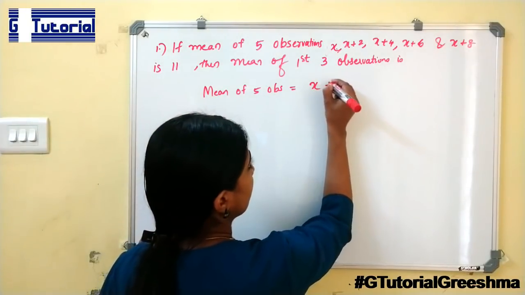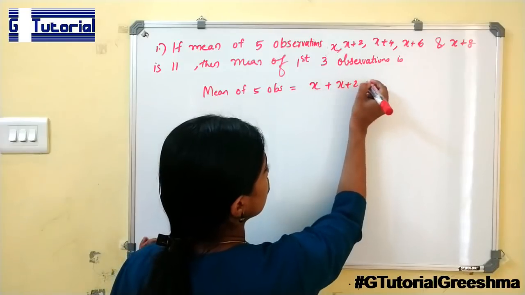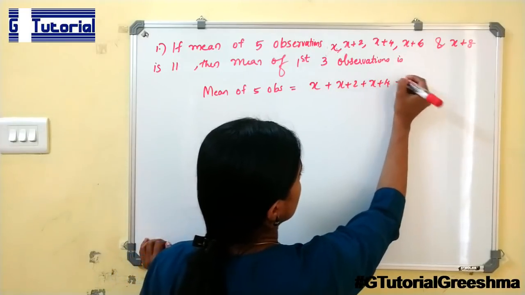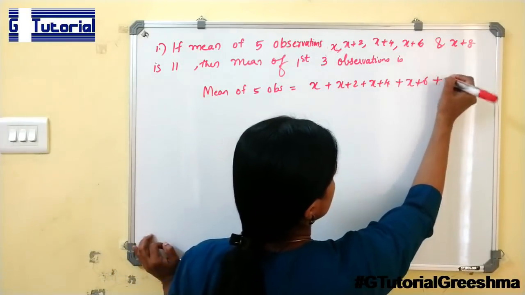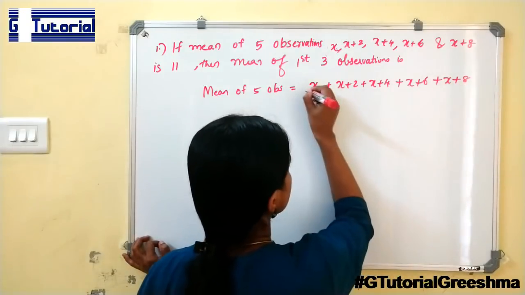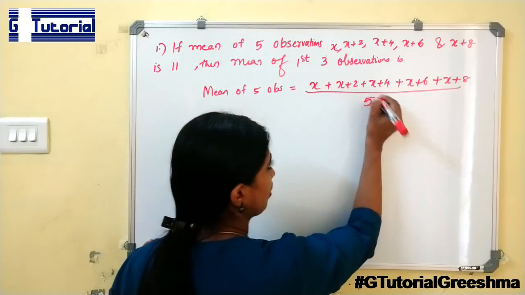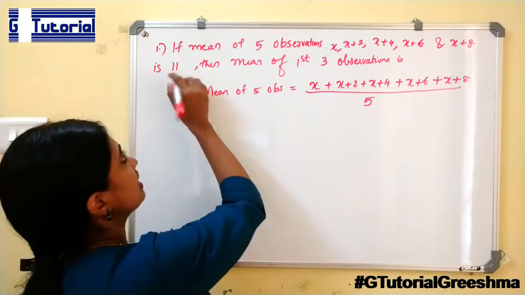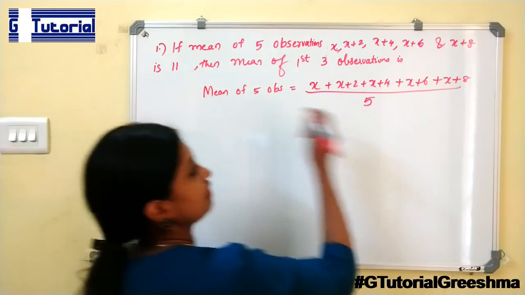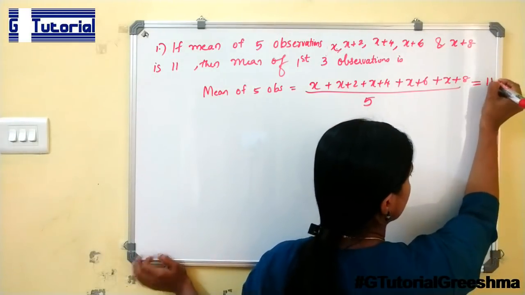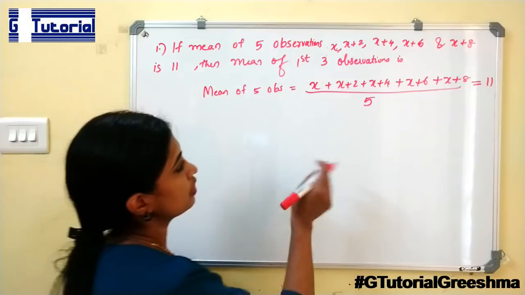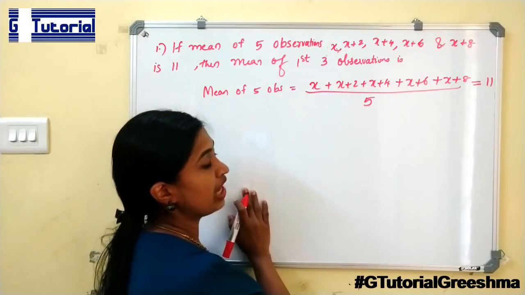The data given is x, x plus 2, x plus 4, x plus 6 and x plus 8. There are 5 observations, and its arithmetic mean is 11. So, we can equate it to 11.